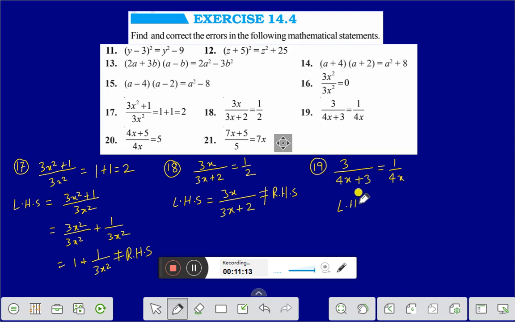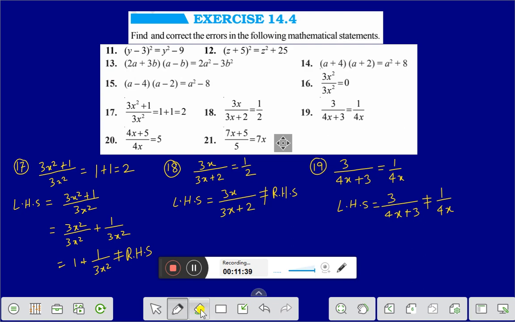Here the left hand side is 3 divided by 4x plus 3. We cannot solve this problem further. The answer will be the same, that is 3 divided by 4x plus 3. If we compare, this is not equal to 1 by 4x.